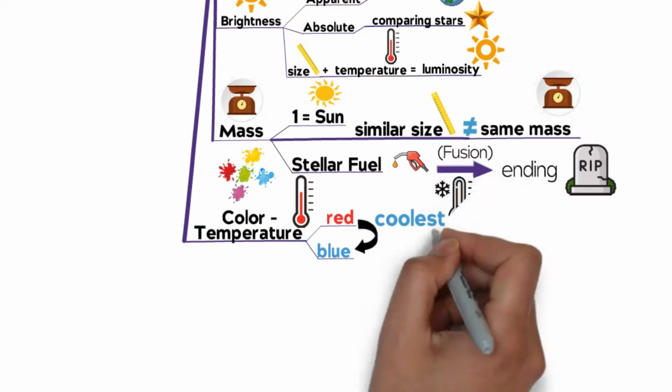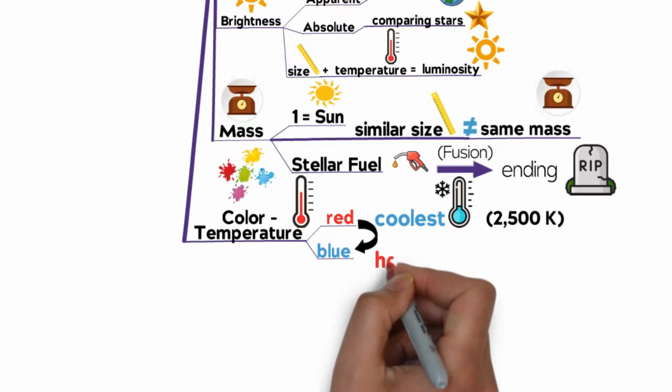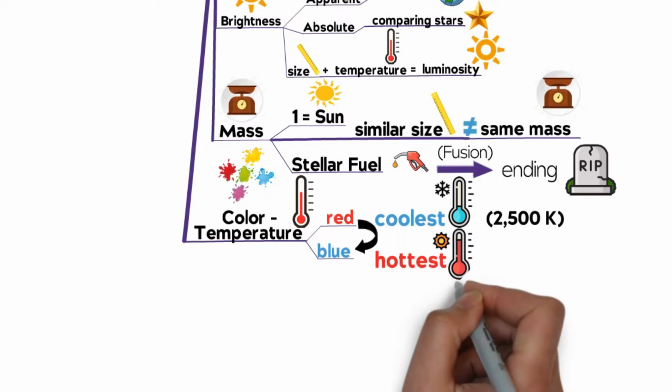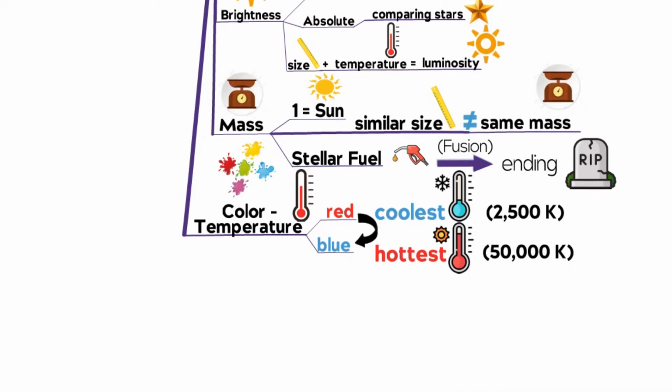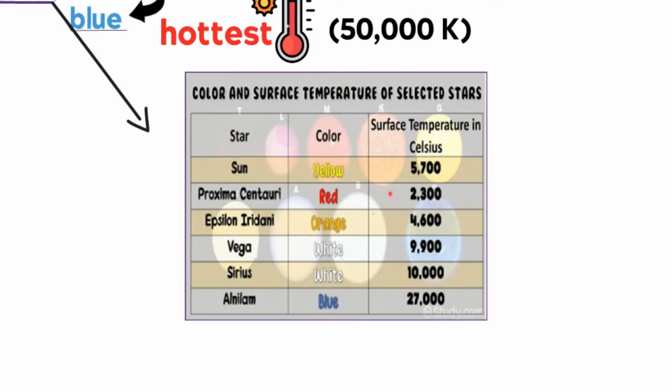The coolest, reddest stars are approximately 2500 Kelvin, while the hottest stars can reach 50,000 Kelvin. It shows the surface temperature and color of different nearby stars, including the Sun. Stars in the mid-ranges are white or yellow, such as our Sun. Stars can also blend colors such as red-orange stars or blue-white stars.